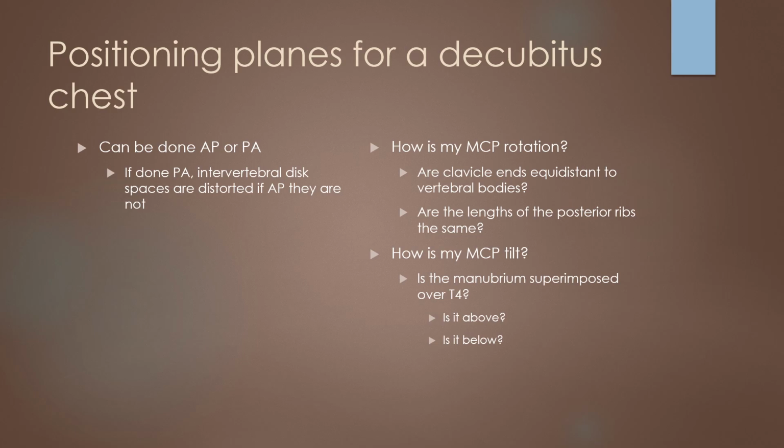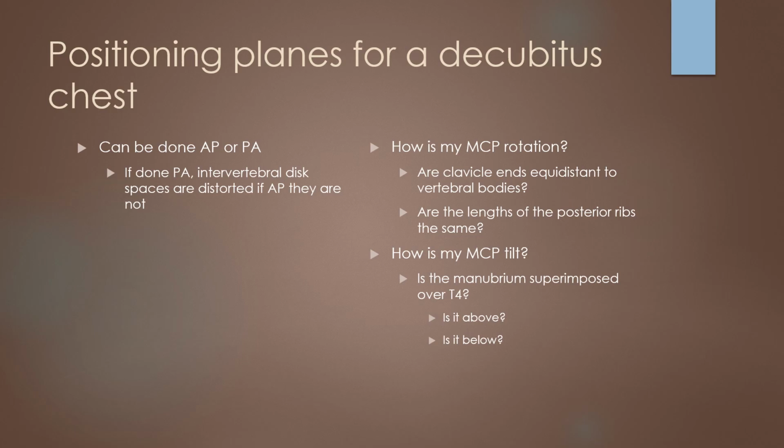When we look at the mid-coronal tilt, again, we're going to be using that manubrium over T4, as well as our apices of the lungs to the clavicle, measuring about 1 inch to determine if we have good mid-coronal plane tilt or if we have good central ray angulation.